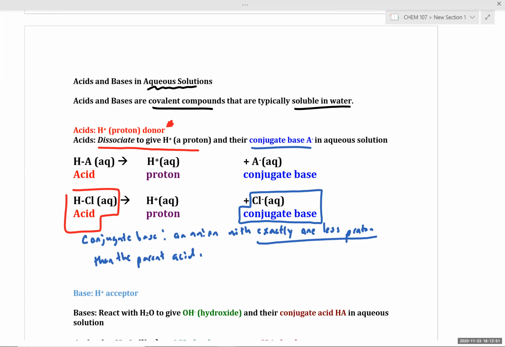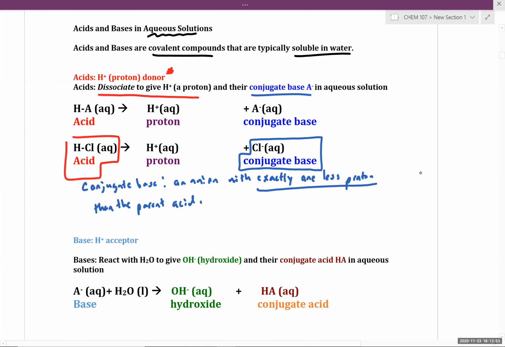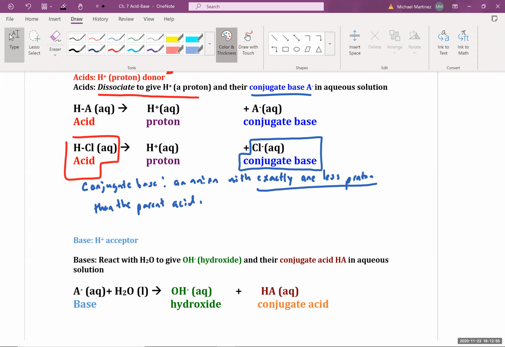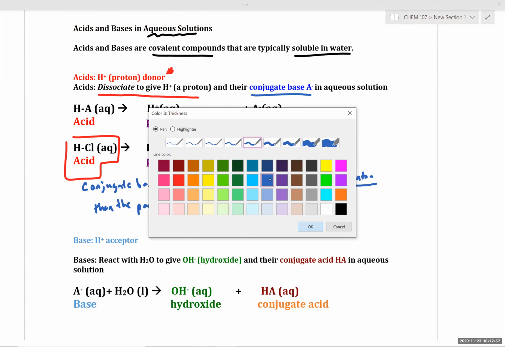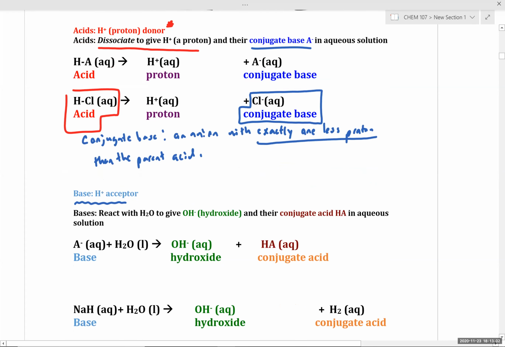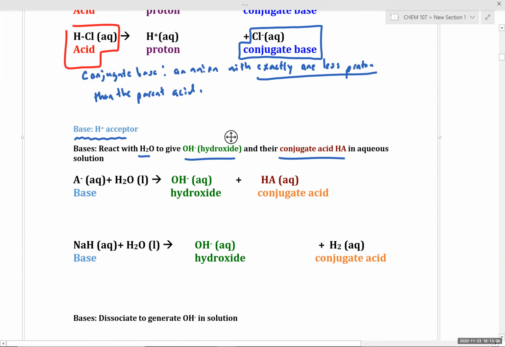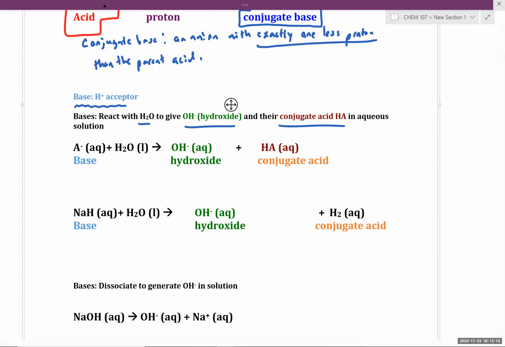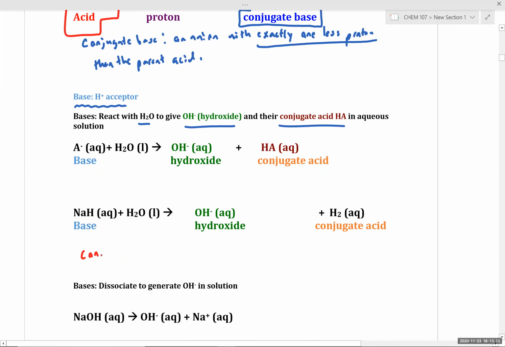Okay, the next thing we're going to look at are bases. So bases, we can view them in two major ways. They're either thought of as an H+ acceptor or a species that reacts with water to give hydroxide and the conjugate acid. Okay, and the conjugate acid, let's define the conjugate acid.